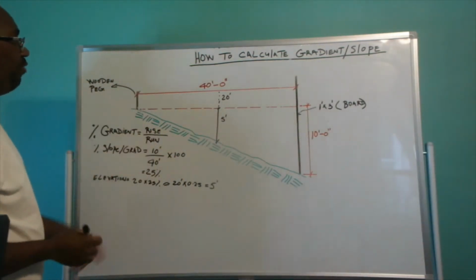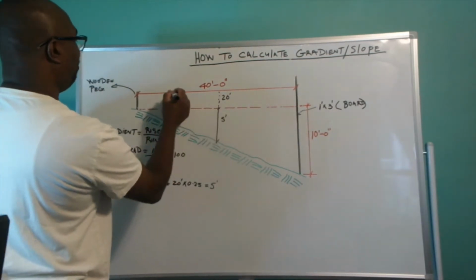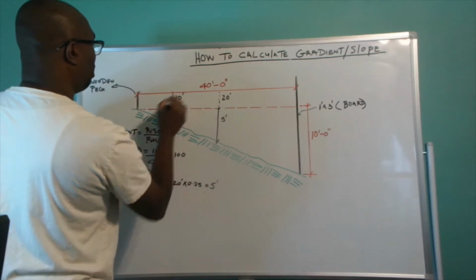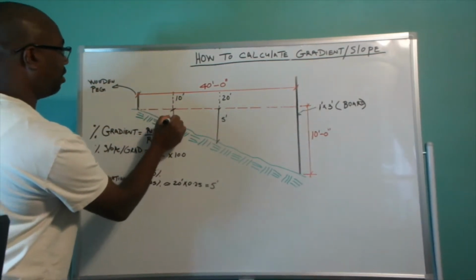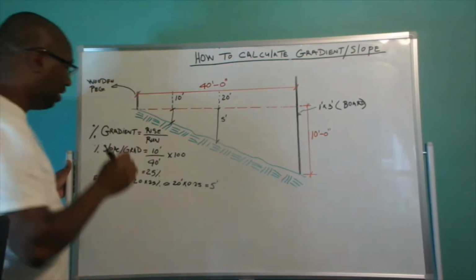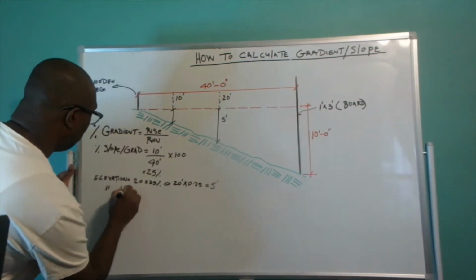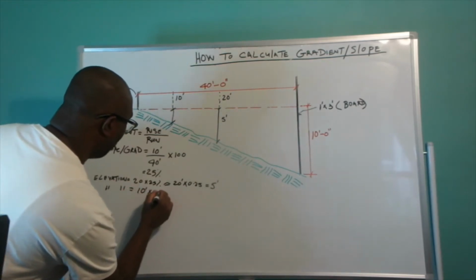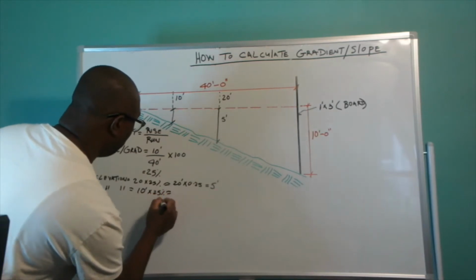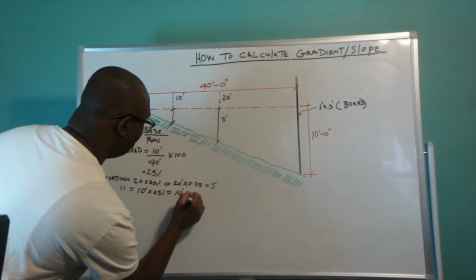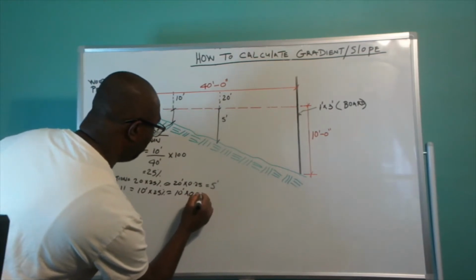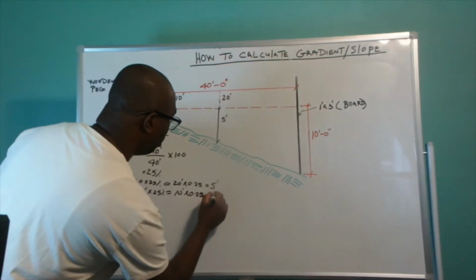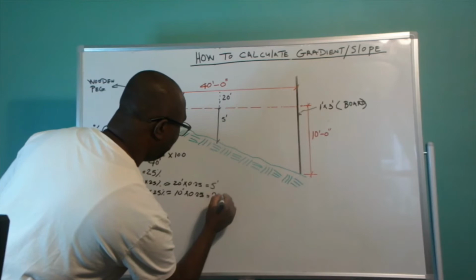The same can be said if you want to find a distance here of 10 feet. We do the same thing. We want to find the height or the elevation there at 10 feet. So it's going to be 10 feet times 25%, and that is 10 feet times 0.25, and that is going to equal 2.5 feet.